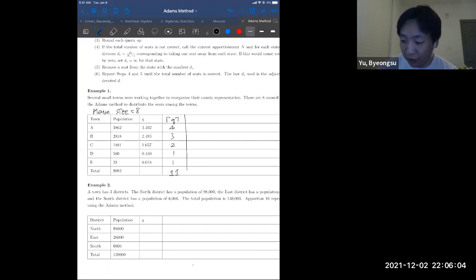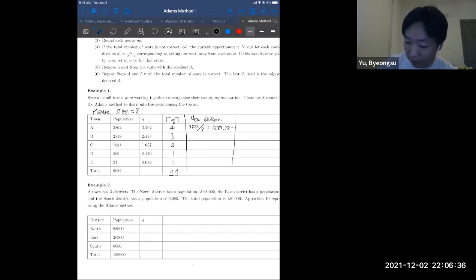So the first thing you need to do is find the new divisors. The new divisor for A is your population, 3862, divided by 4 minus 1, which is 3. Then you get 1287.33 something.